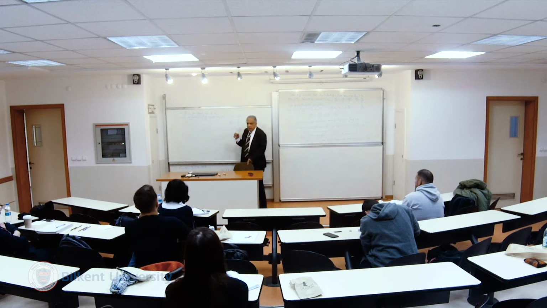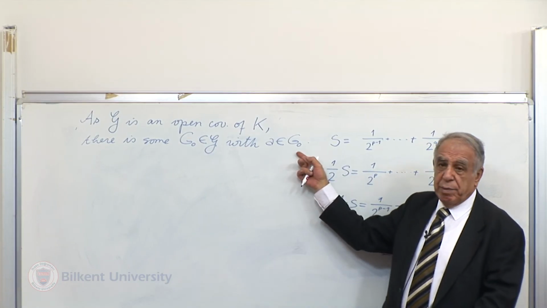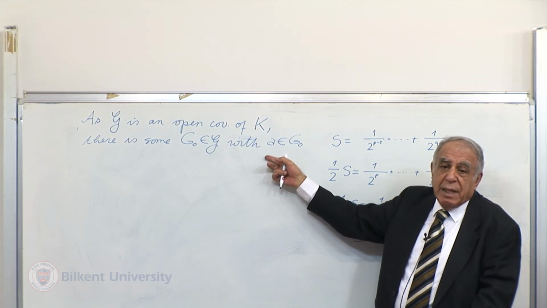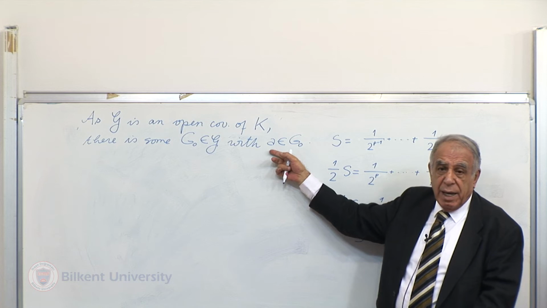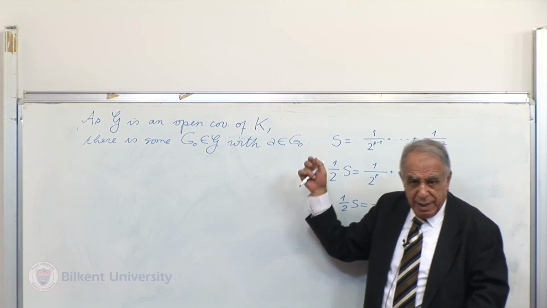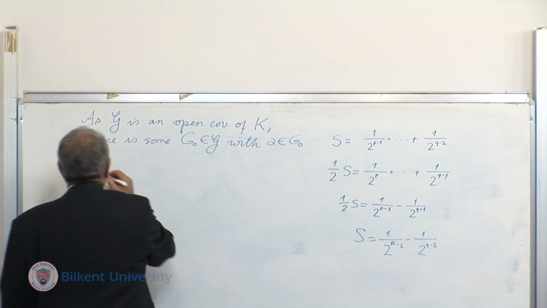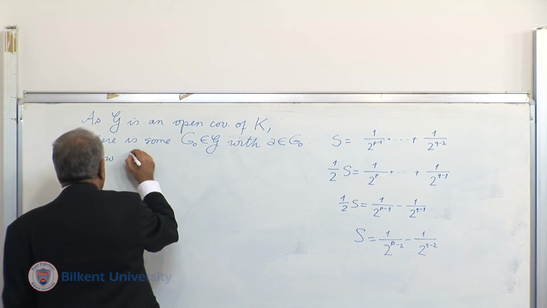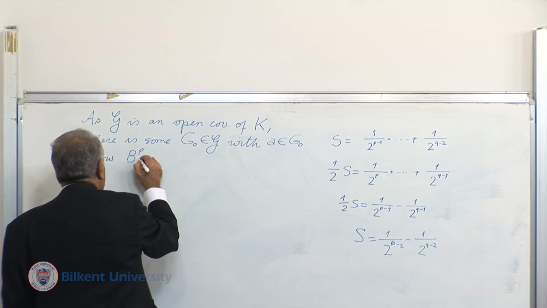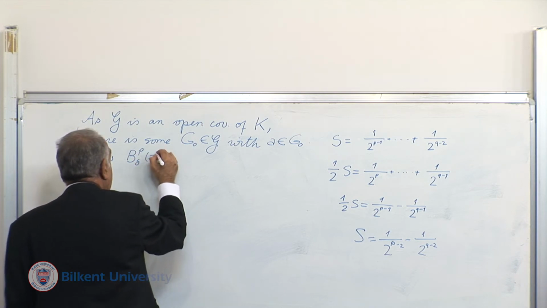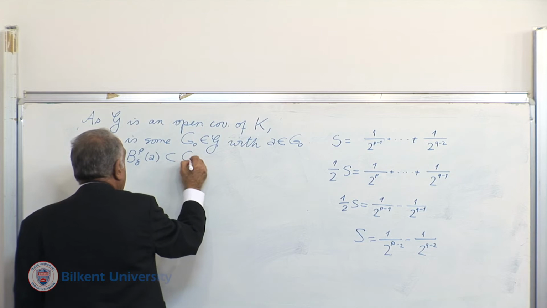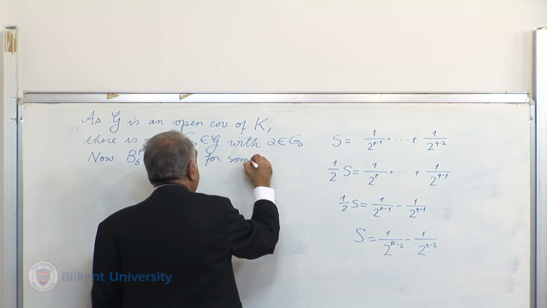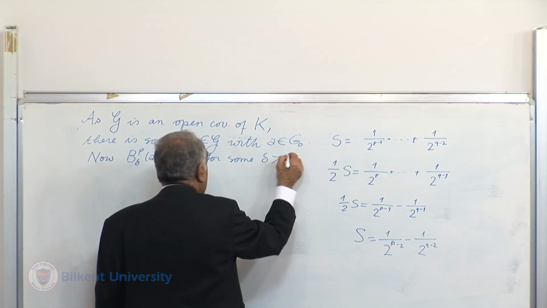Now, we're in a metric space. This is an open set. Well, then there must be some delta ball about A, which is entirely contained in here. B rho (delta, A) will be contained in G0 for some delta positive.